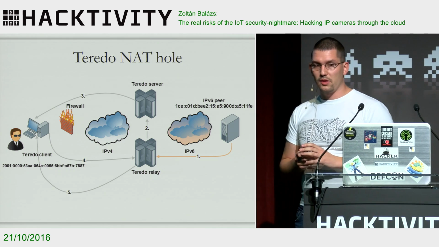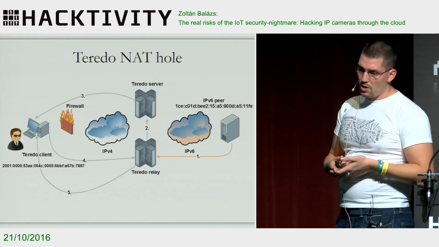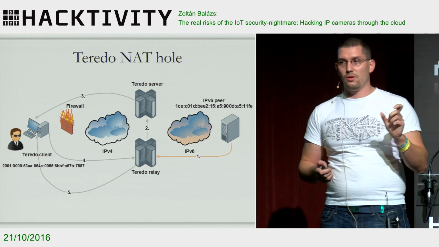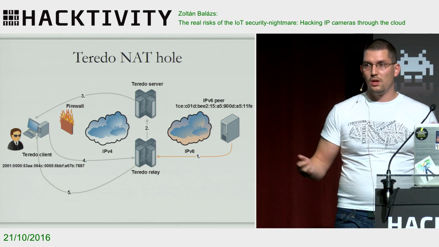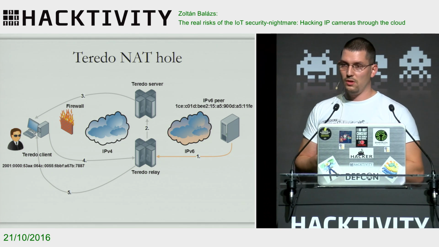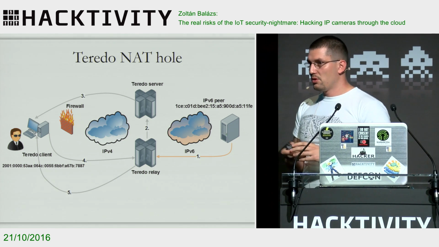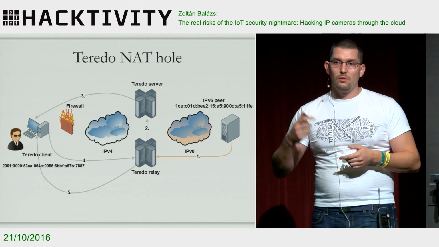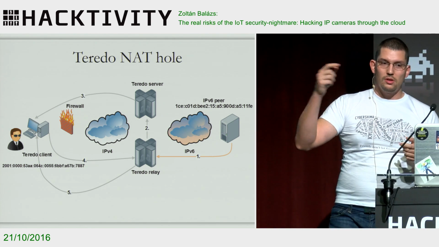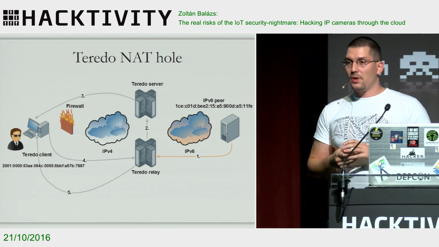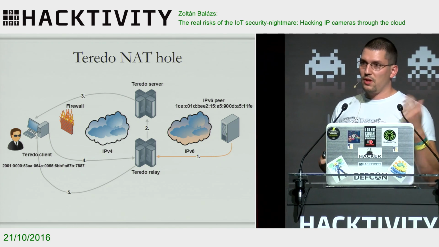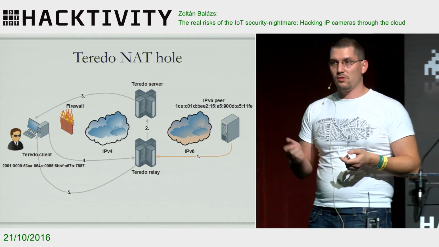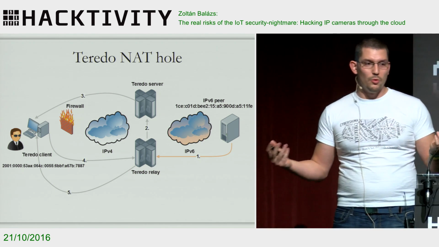How, you might ask. The Teredo IPv6 addresses have a fixed prefix, so whenever this peer wants to connect to the Teredo client, it will be routed to a Teredo relay. The Teredo relay will know which Teredo server to connect to, which is in live connection with this Teredo client. And now the Teredo server can tell the Teredo client that, hey, there is an IPv6 peer which wants to communicate with you.